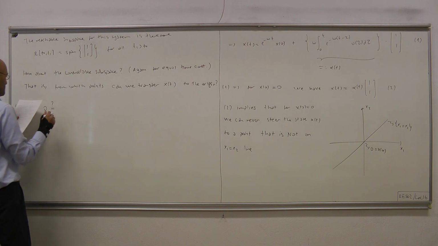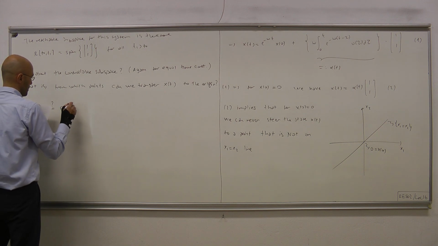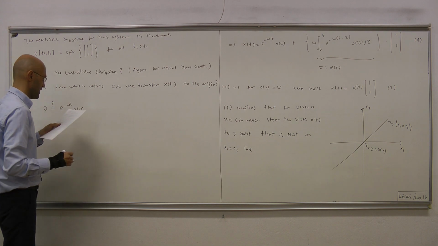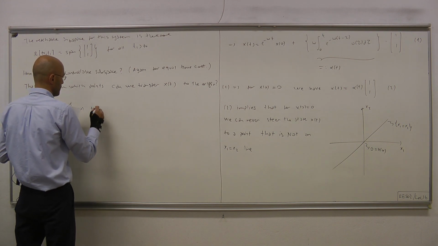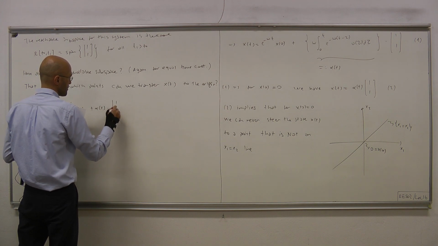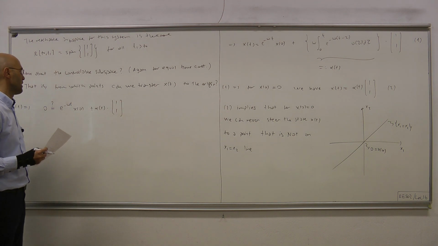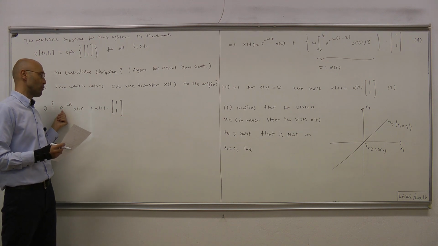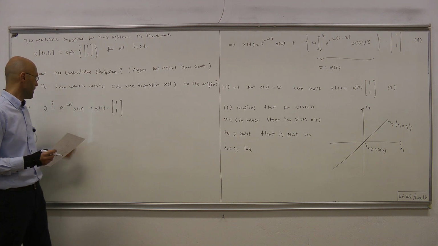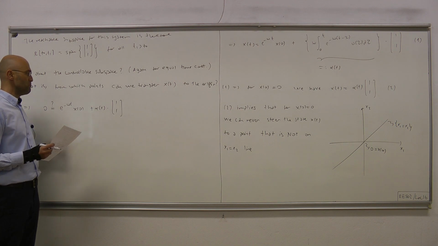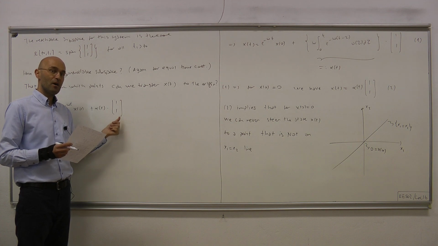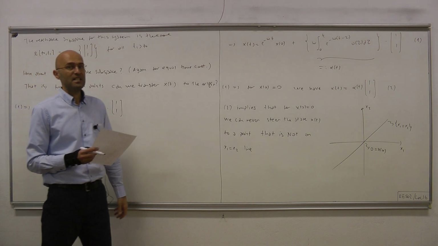Whether we can solve this equation for an initial state candidate x0 plus alpha t times vector 1, 1. Okay, now this is a scalar, e to the minus omega t, and alpha t is a scalar. Therefore, this equation means that x0 and this vector 1, 1 must be linearly dependent.